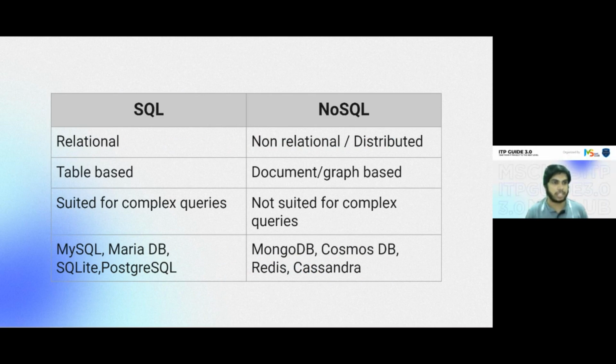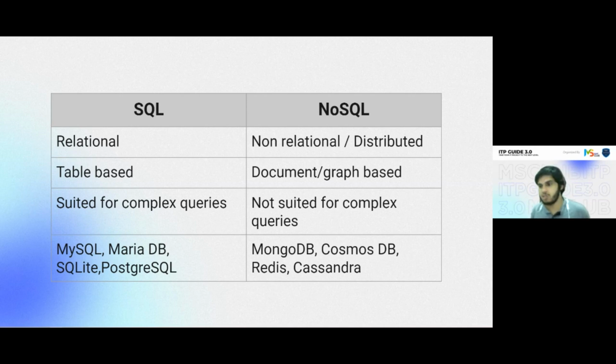SQL databases are relational, while on the other hand, NoSQL databases are non-relational, which means they don't follow the usual column and row table structure which you are familiar with from the ISD module. And SQL is table-based, as I mentioned, and NoSQL once again is document or graph-based.